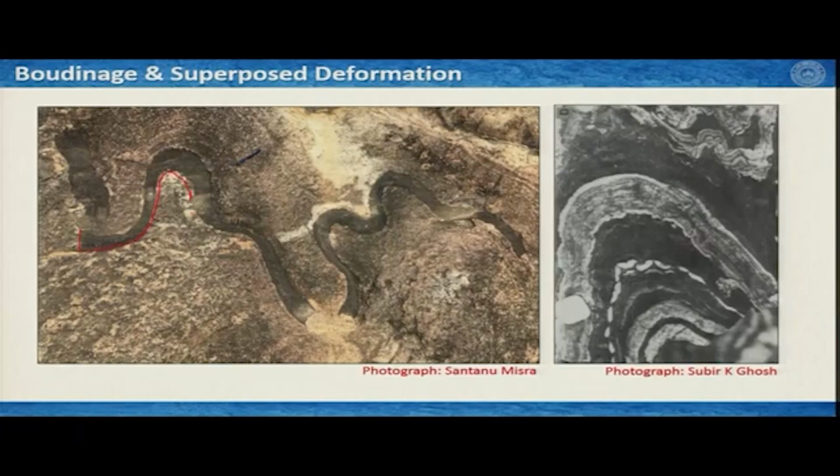What we see here is a fold, right. If I draw it thoroughly, it is a fold going like this, antiform, synform, and so on. But we see here that this got a break. So, this was one single boudin, then this is another boudin.